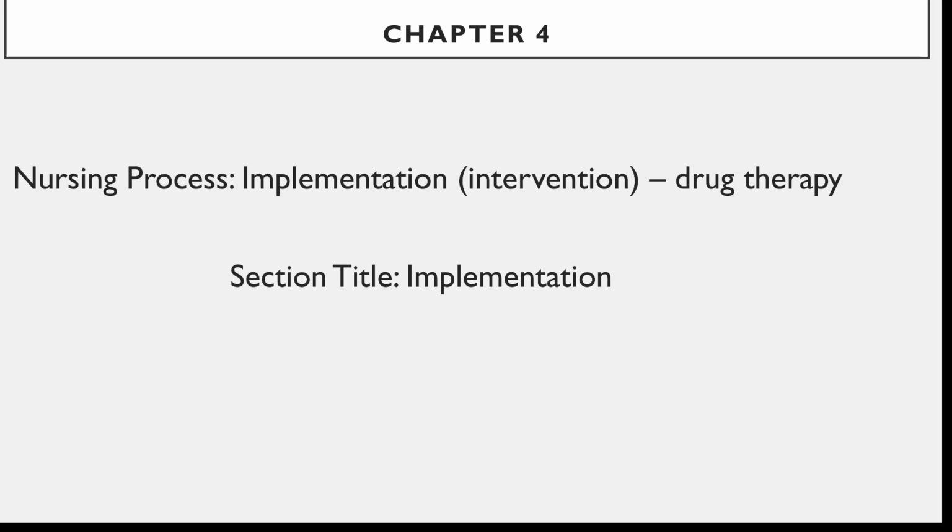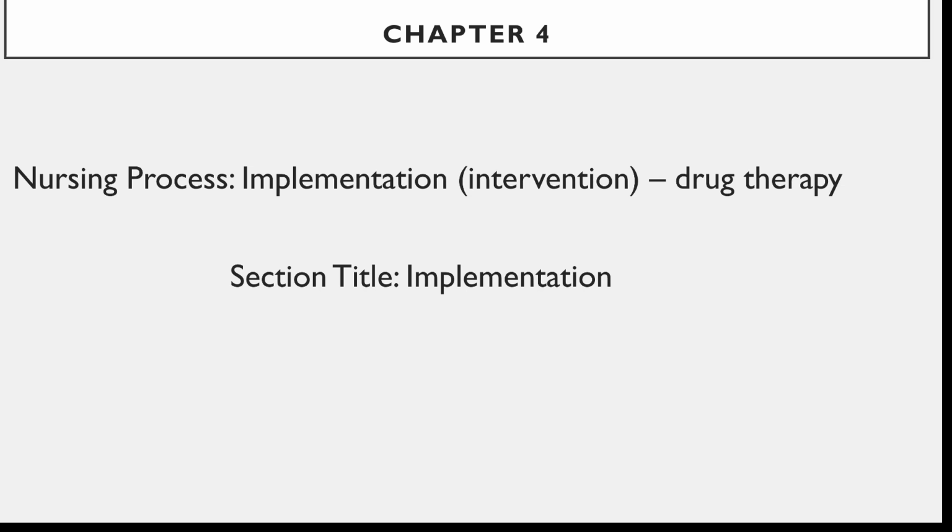During the implementation phase of the nursing process, which is also sometimes referred to as the intervening phase or the intervention, if your intervention is drug therapy, it involves 2 steps. This is not always clear to people, but it's very important that you know that the implementation phase of the nursing process, when we're talking about drugs, involves administering the medication and documentation of that medication.